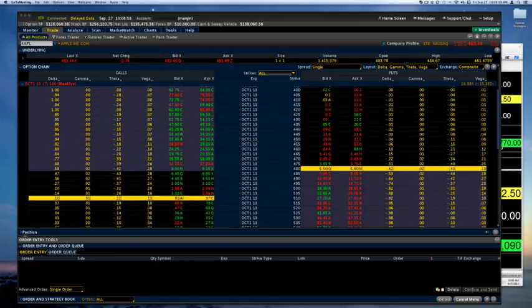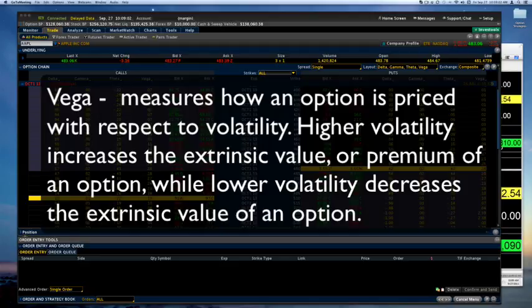The last Greek that we're going to talk about today is Vega. As I said, because it begins with a V, that should stand for volatility. In fact, Vega measures how an option is priced with respect to volatility. The higher the volatility is, the more that increases the extrinsic value or the premium of that option, while lower volatility decreases the extrinsic value of that option.